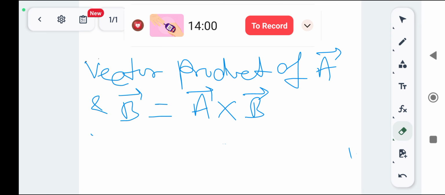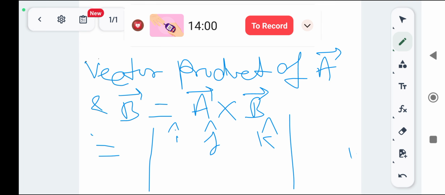That is equal to the determinant with rows i, j, k; a1, b1, c1; a2, b2, c2.